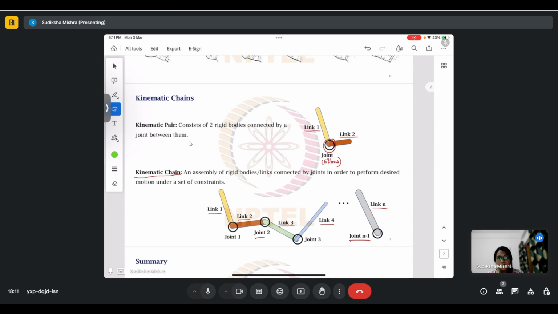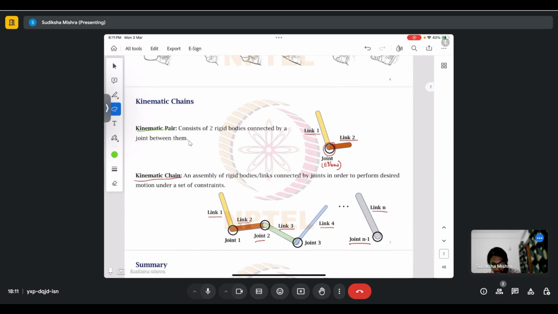the simplest one is a kinematic pair, and as the system becomes more complicated, it is called a kinematic chain. In a kinematic pair, there are two rigid bodies connected by a joint between them. So this is the first rigid body, and this is the second rigid body, and this is the joint that connects them.